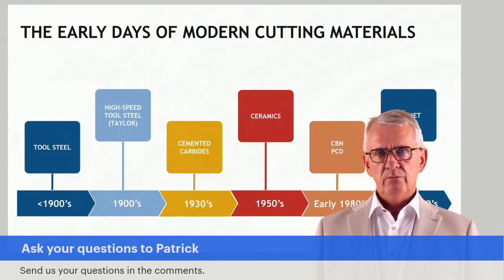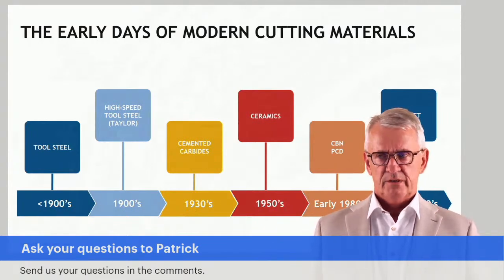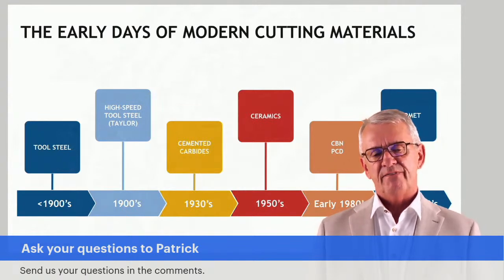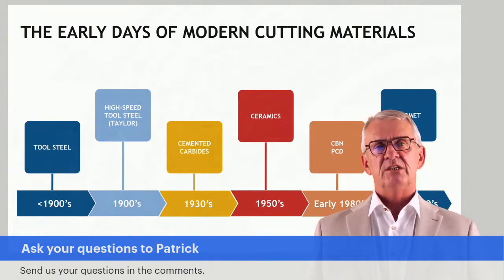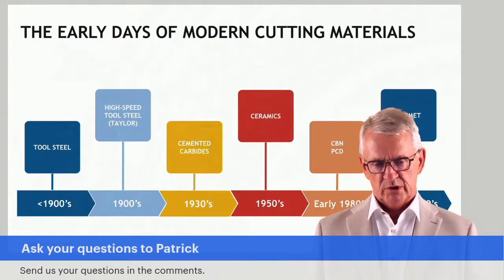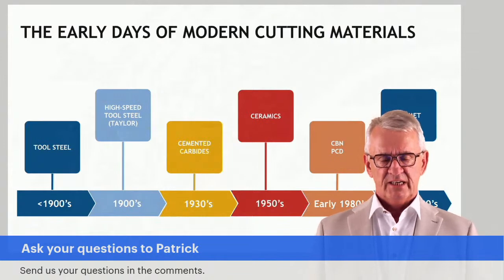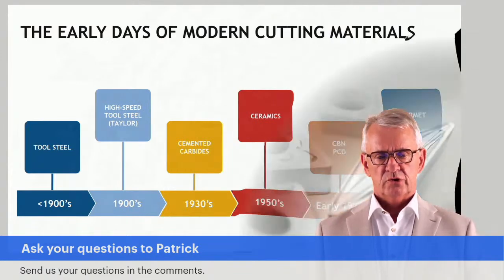And in CBN, we have lots of different types of CBN, also called CBN grades, like we have carbide grades. So remember, ceramics is a family of cutting materials. CBN is a family of cutting materials. PCD is a family of cutting materials. The only thing they have in common is the core material, the basic material from which they are produced.